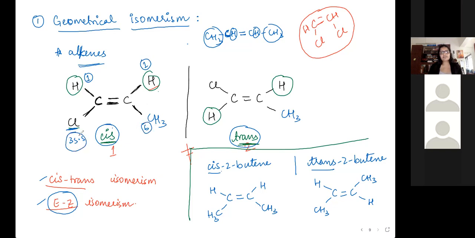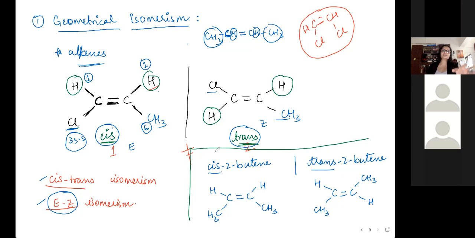So if the heavier atoms are on the same side, then it is, I think it is E, and when the heavier atoms are on the opposite sides, then it is Z. So EZ, its origin is German. They relate to German words, again meaning same side, opposite sides. Just the names are different.